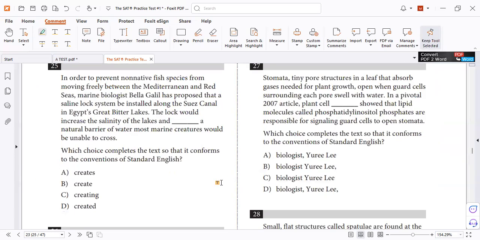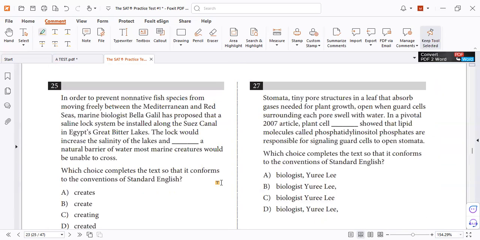Now, choose as you like. 27. So letter C is correct.